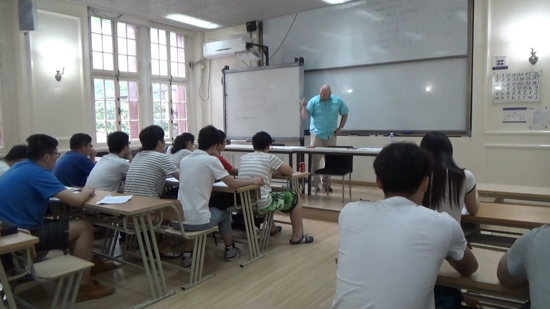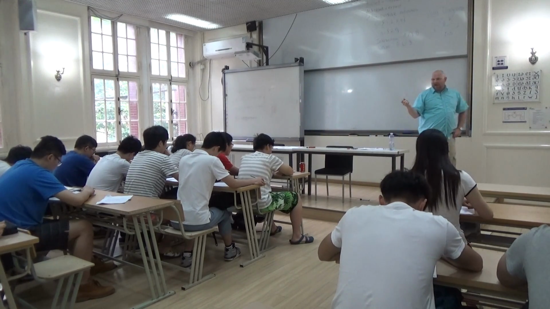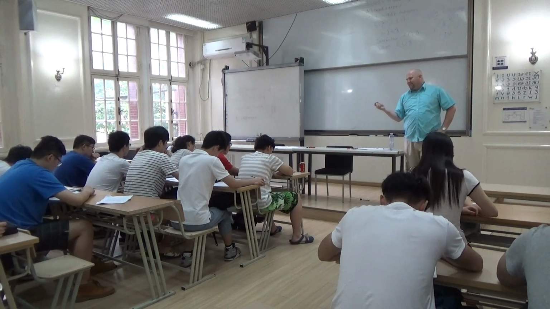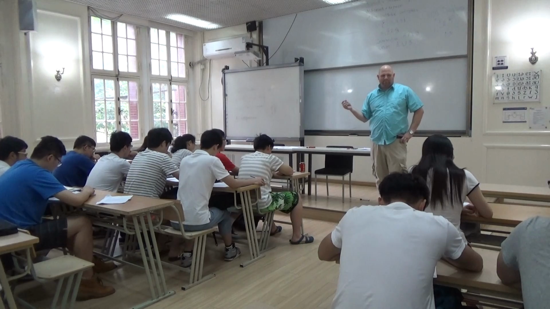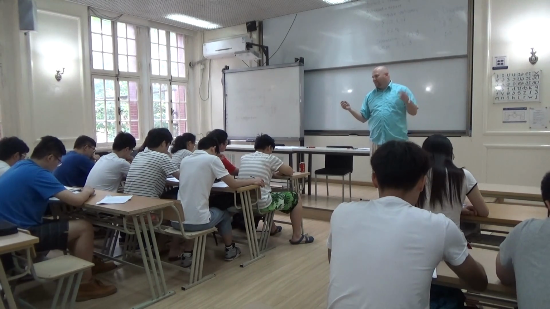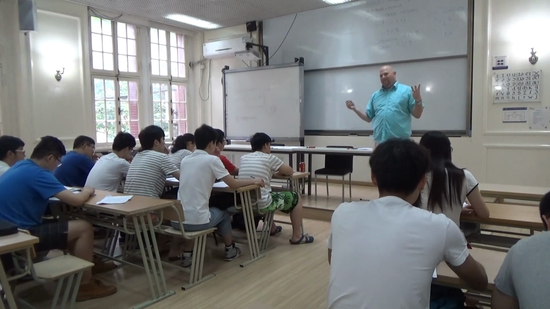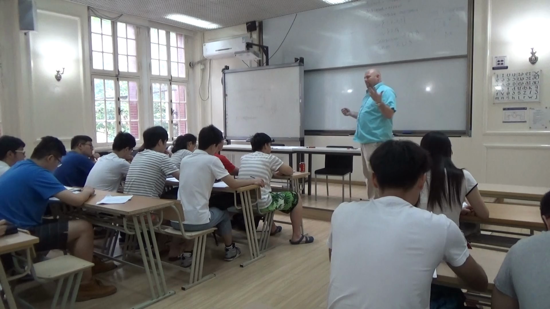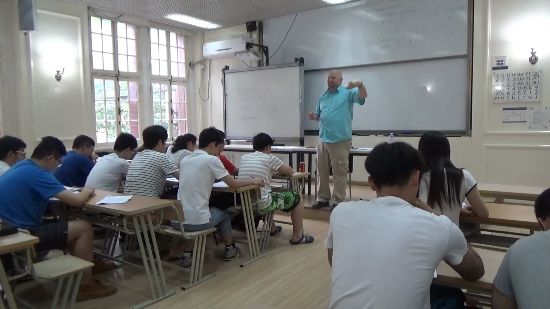Okay. Part C. What is the probability of rolling a prime number? Give me an example of a prime number. 2, 3, 5. There's 3 outcomes. How many total outcomes? 6.